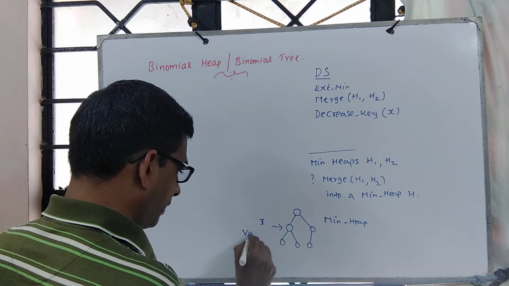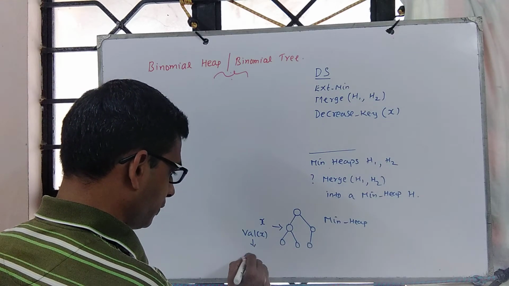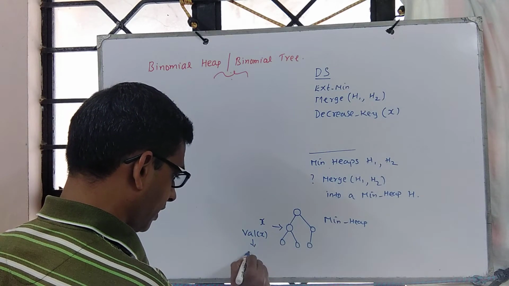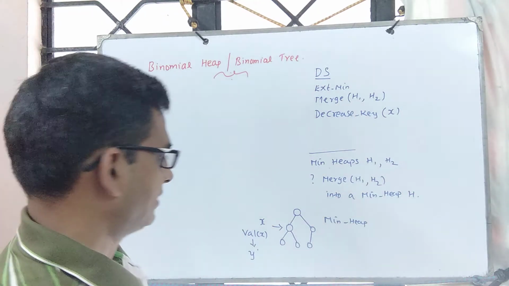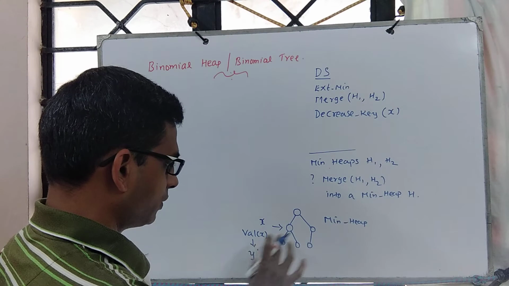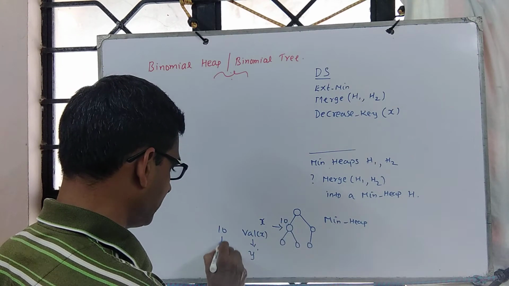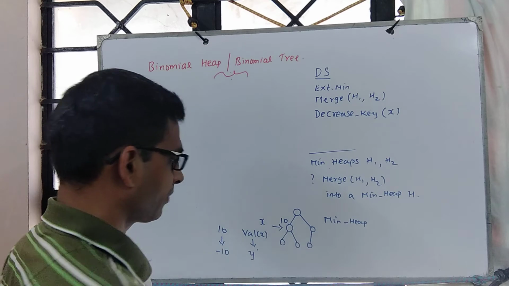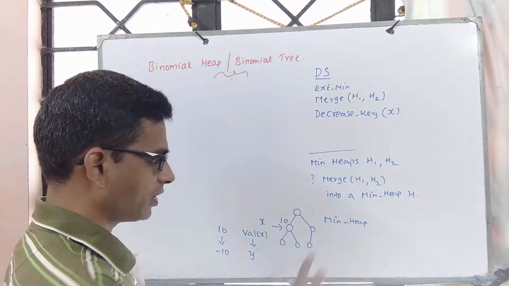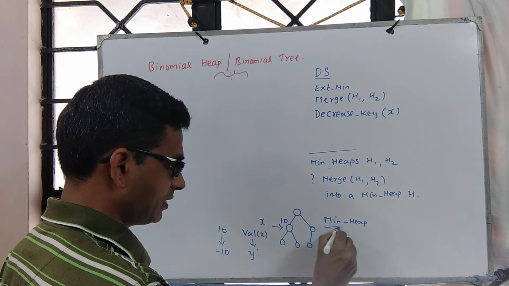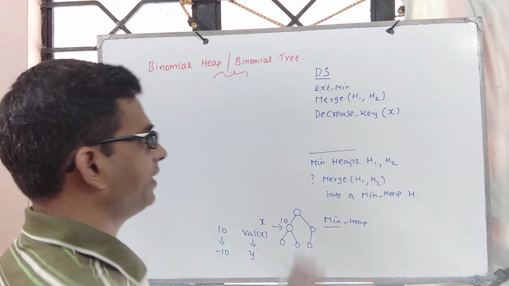Now the value at x, we want to decrease it to some value, say y. So there is a value here, say it is 10, we want to change that to say some value, say minus 10. After performing this, we still want to ensure the property is maintained, property is min heap. So how efficiently we can do this?